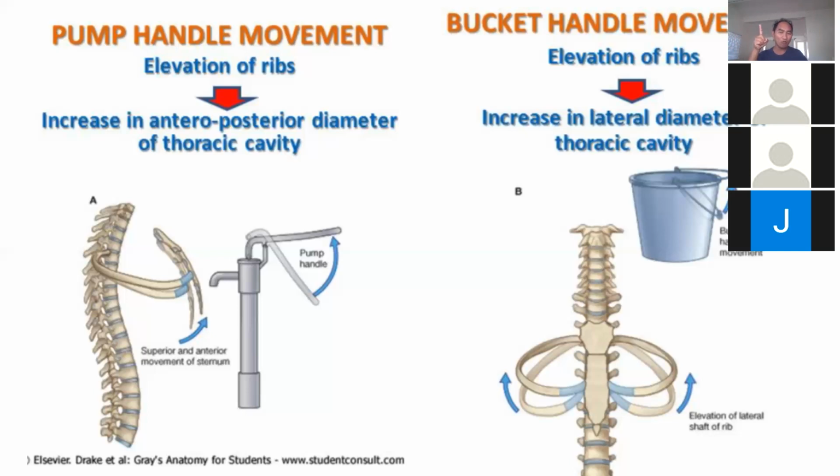Therefore, the air from the atmosphere can go into the lower pressure area inside the thorax. Therefore, we can take a breath. But we have to expand the thoracic cavity, so inspiration is an active process.